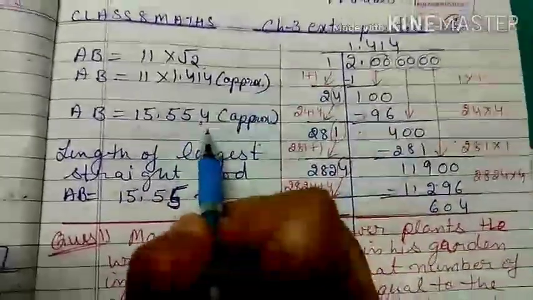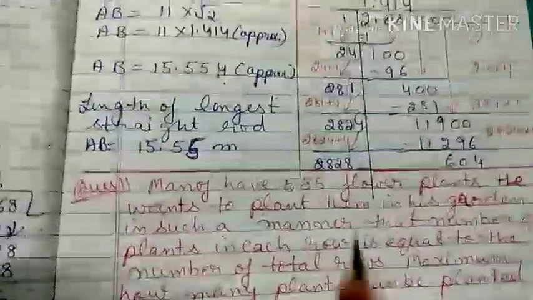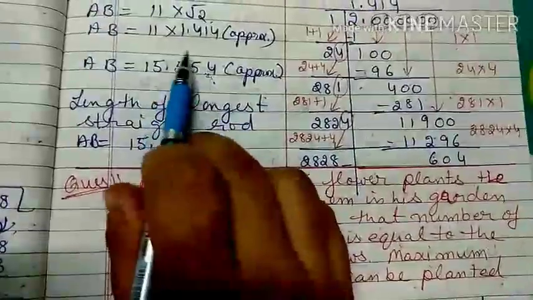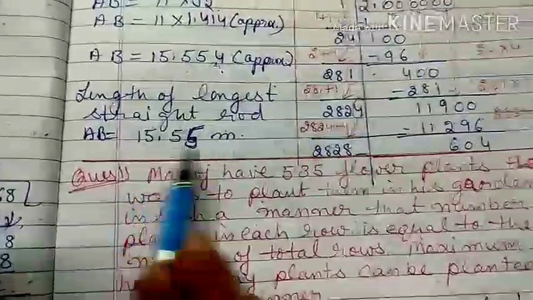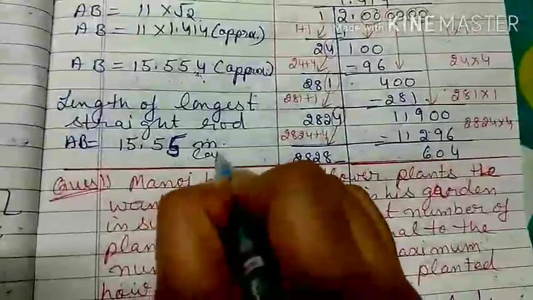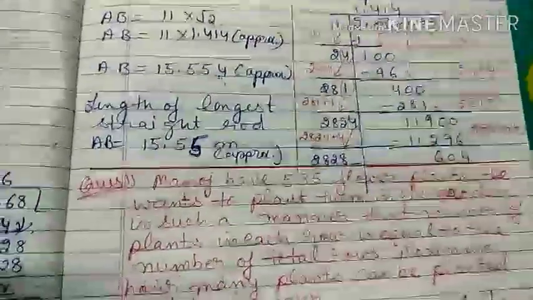If it is 5 or greater than 5, then we can write 15.56 meter. Otherwise, if the number is less than 5, to round off to 2 decimal places, it will be left as 15.55 meter approximately, because that is not the exact value. This is a near about value.